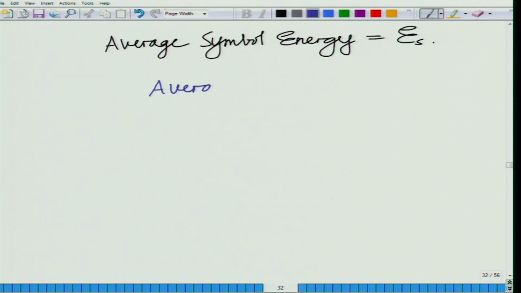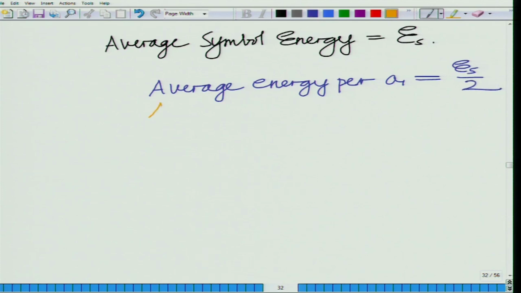Now, there are two PAMs, so each shares half of the energy. So, average energy per A1 equals Es by 2. Average energy per A2 equals Es by 2.